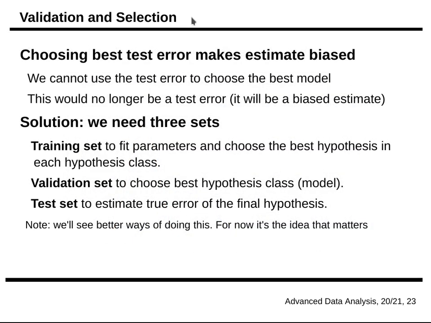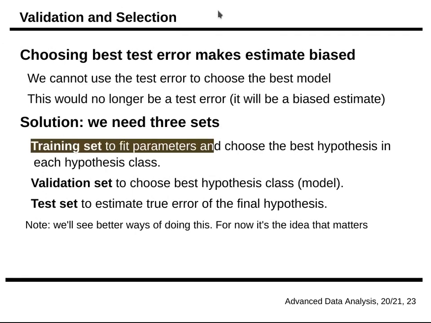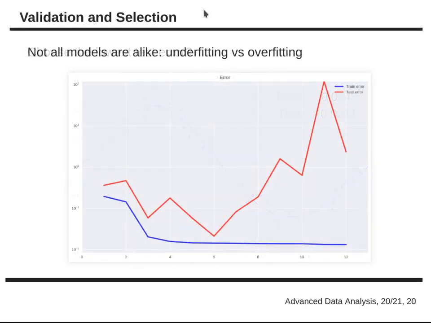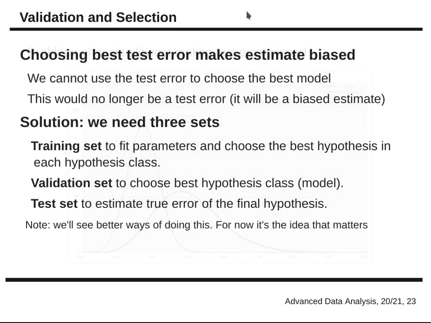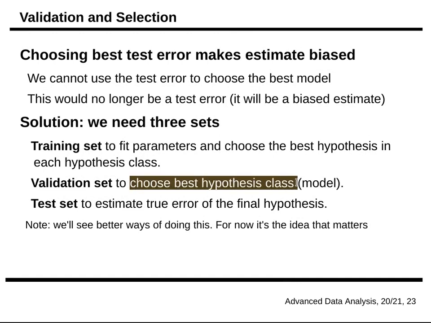And the solution is actually to use 3 data sets. We use the training set to fit the parameters. So this is the blue line here. Then we use a validation set to choose the best hypothesis class, the best model, or the best curve, or the best hyperparameter, anything that we need to choose by looking at the error outside the training set.